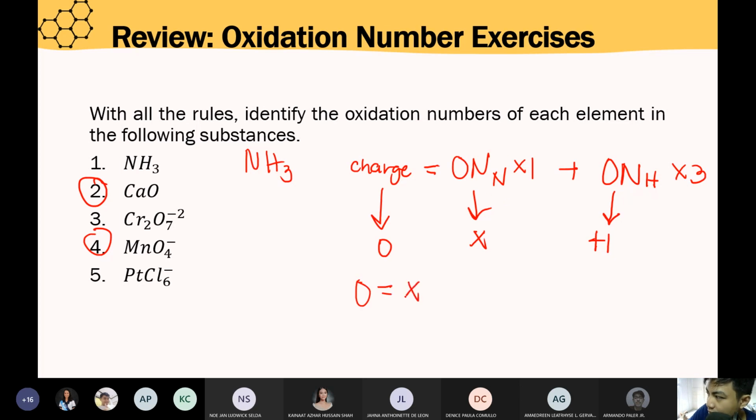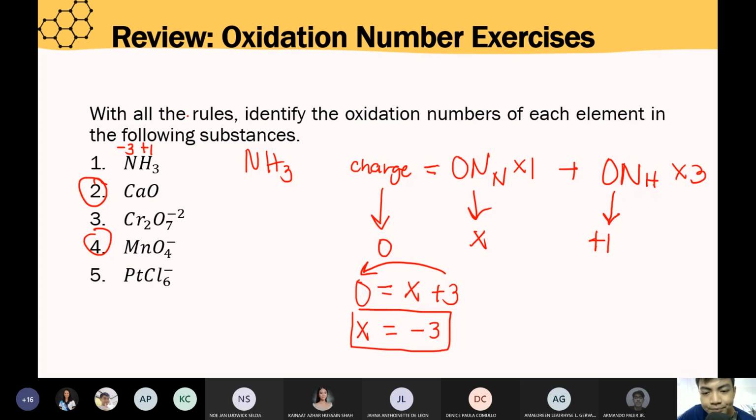X times 1 is X. 3 times 1 is 3, positive. Transpose it to the other side. So X equals to negative 3. So meaning, the oxidation number of nitrogen is negative 3. The oxidation number of hydrogen is positive 1. Okay? So, ganun lang kasimple. Just use rule number 5 in solving for the oxidation number if it is paired with other elements.